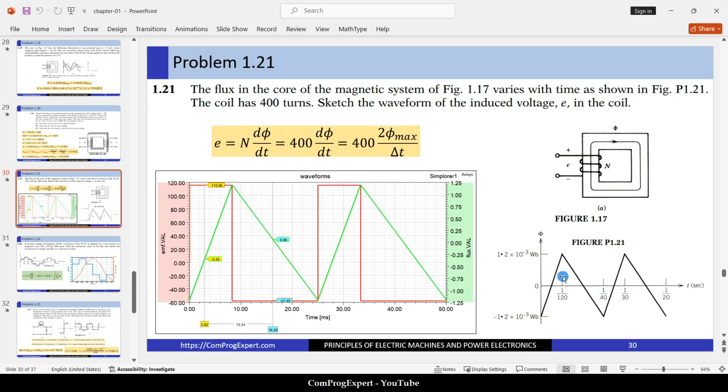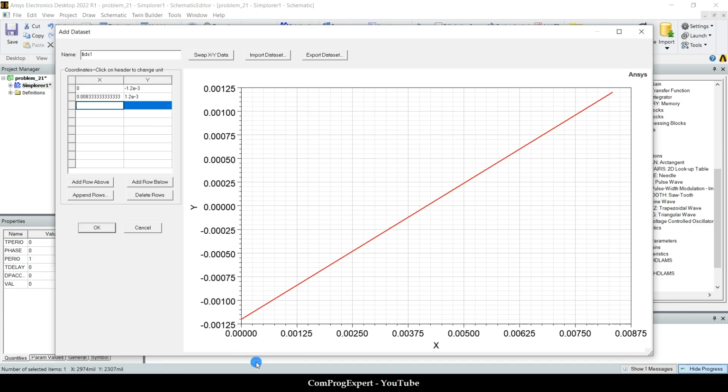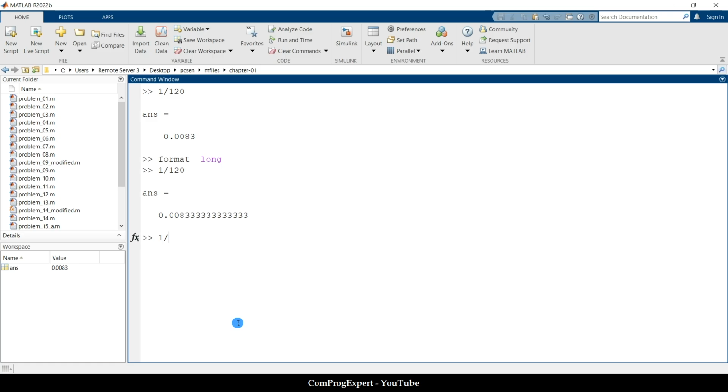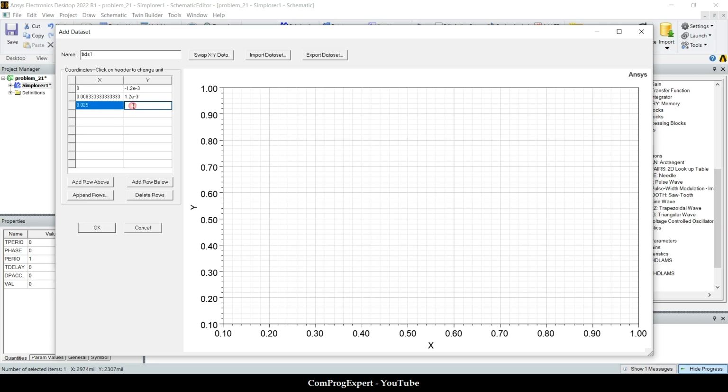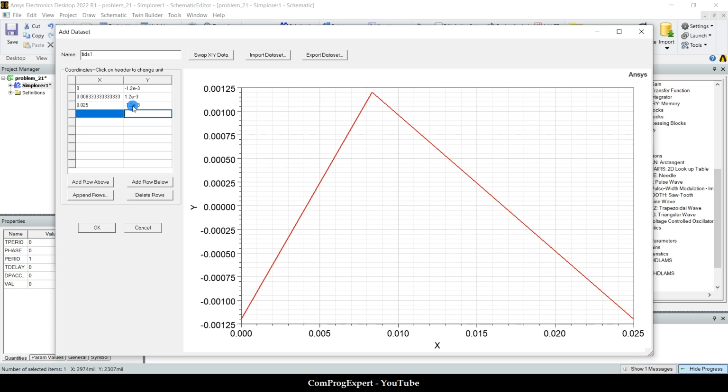The frequency of this waveform is 40 hertz, right? 1 divided by 40, 1 divided by 20, and so on. What is the value of 1 divided by 40? It is this one, so let's copy, again minus 1.2e-3. So we have this waveform.